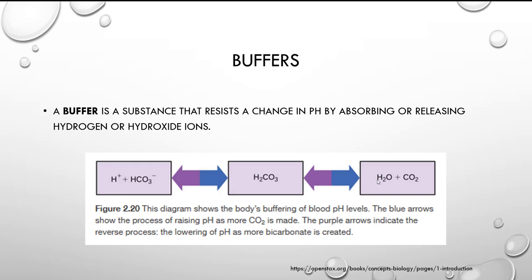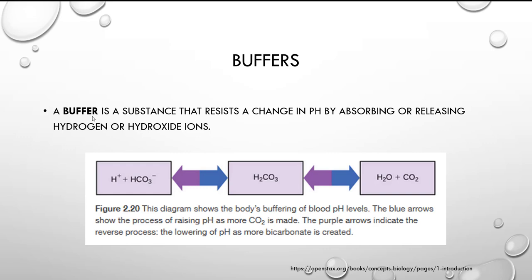So carbonic acid is very important in preventing fluctuations in pH. It can either dissociate into bicarbonate and hydrogen ions, or the bicarbonate can combine with hydrogen to form carbonic acid.